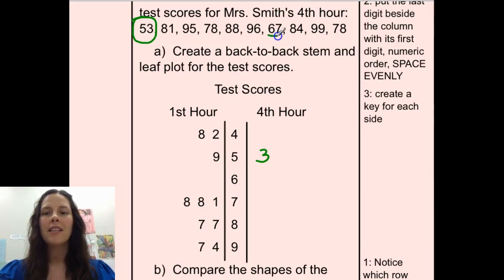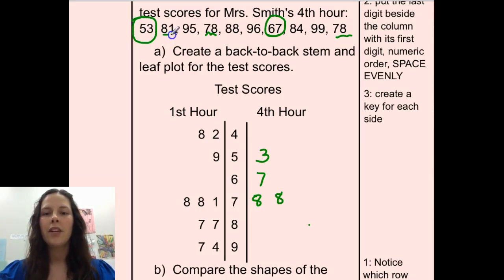Our next stem is 6. We have a data value of 67. There are no other data values that go with the stem of 6, so I will put that right under my 3, spaced as evenly as I spaced the one above it. In the 70s, we have 78 and 78, so we will have two leaves of 8 spaced evenly off of our stem of 7.